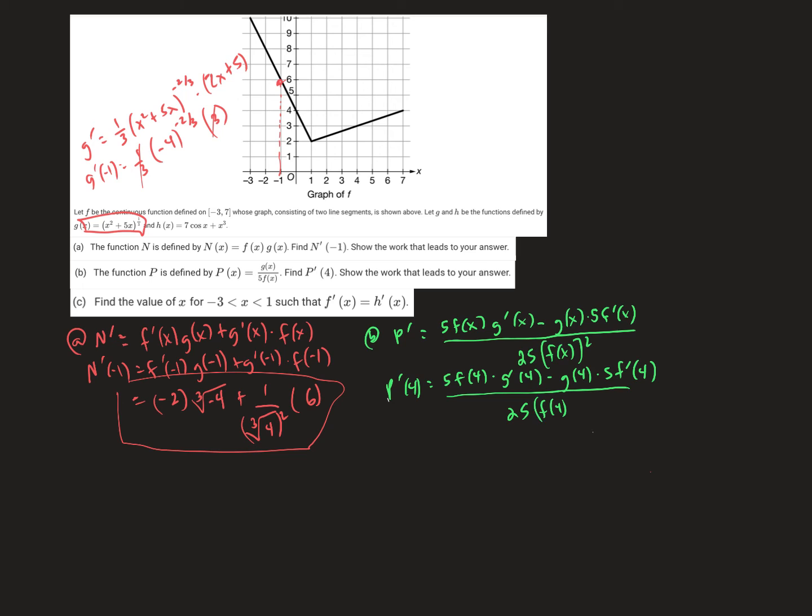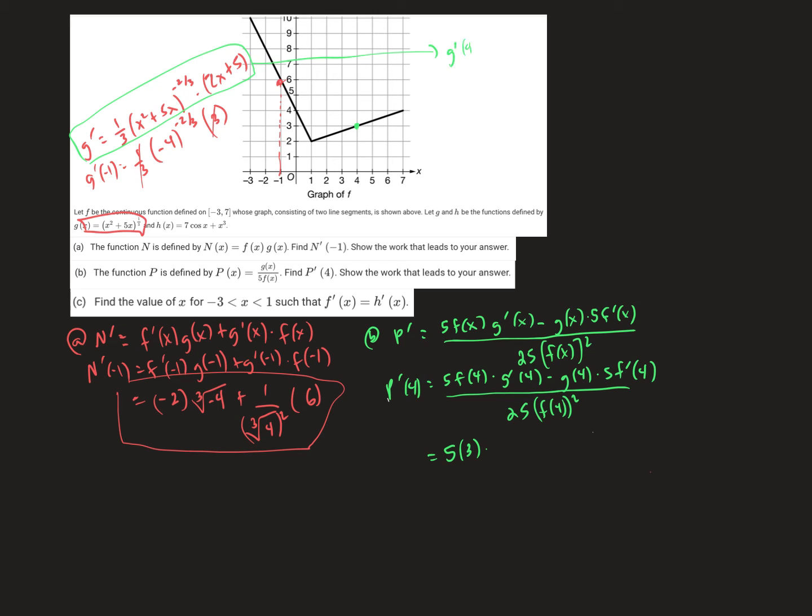And just like we did before, we're going to look to the graph to get the values of f, and then look to the function g and g prime to get the values of g and g prime. So we have 5 times f of 4, which is 3, times g prime of 4, which is plugging 4 into this. Let's just do that over here.